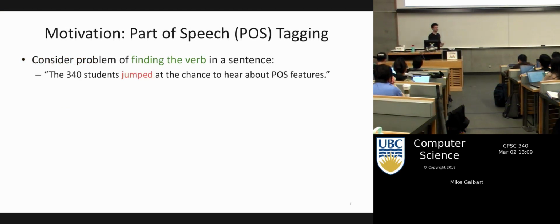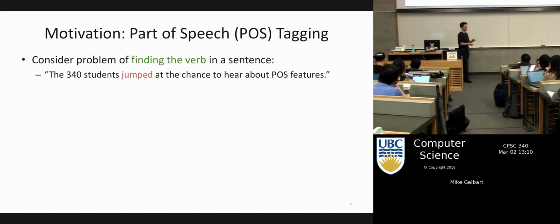As a motivation for today's lecture, we'll talk about part of speech tagging. This is a task that we'd like to perform on natural language data. For example, we might want to find where the verb is in a sentence. So: the 340 students jumped at the chance to hear about part of speech features.